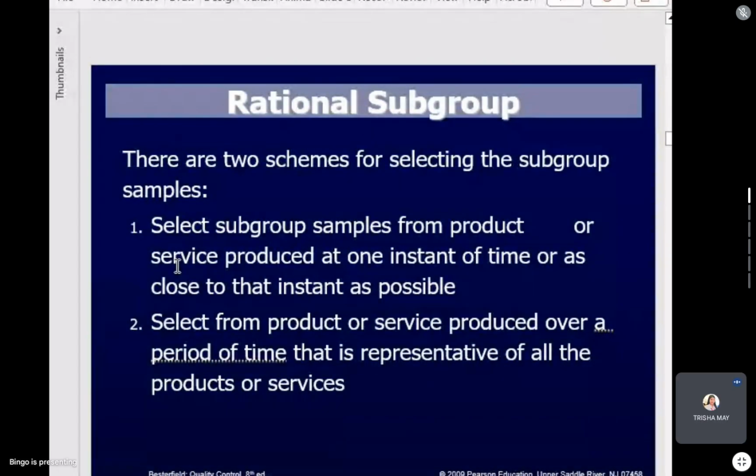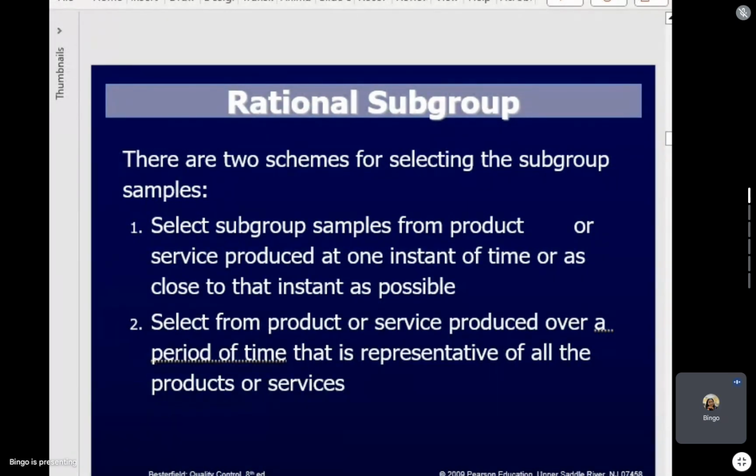Rational subgroup. There are two schemes for selecting the subgroup samples. First is to select subgroup samples from product or service produced at one instant of time or as close to that instant as possible. Second is to select product or service produced over a period of time that is representative of all the products or services.